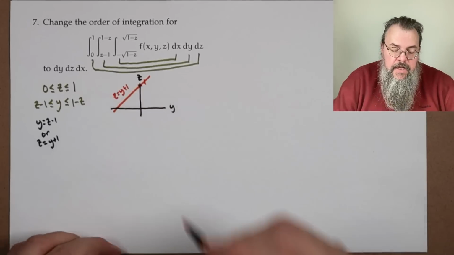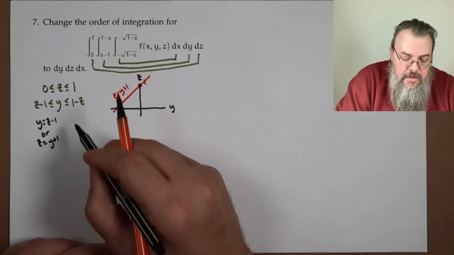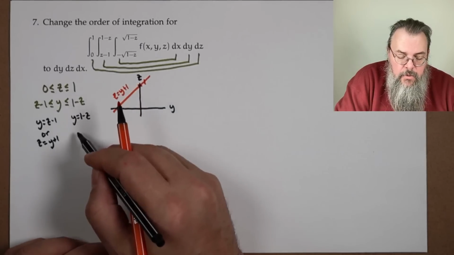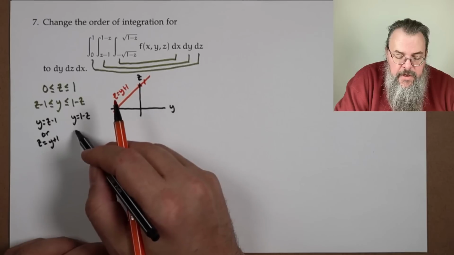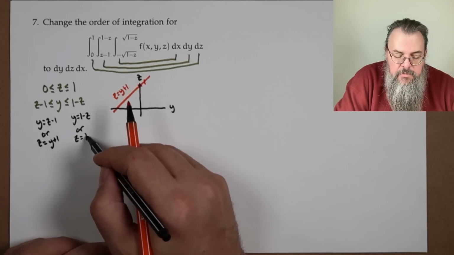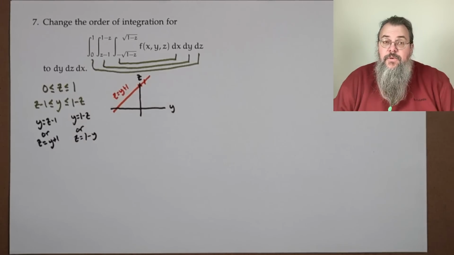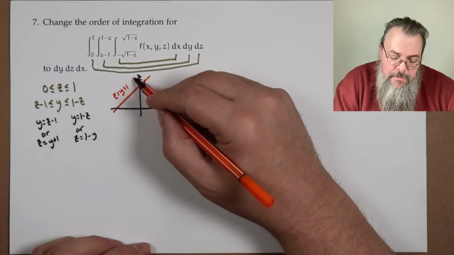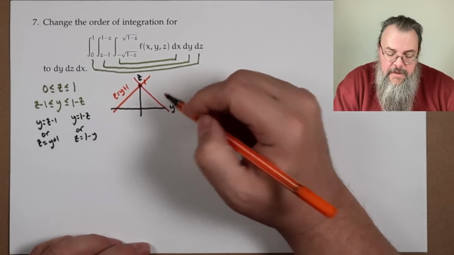All right, great. Now the other side, that was our y equals 1 minus z, or we can move this around. This is the same as z equals 1 minus y. So we hit the z-axis at 1, but we have a slope of minus 1. So we look like that.